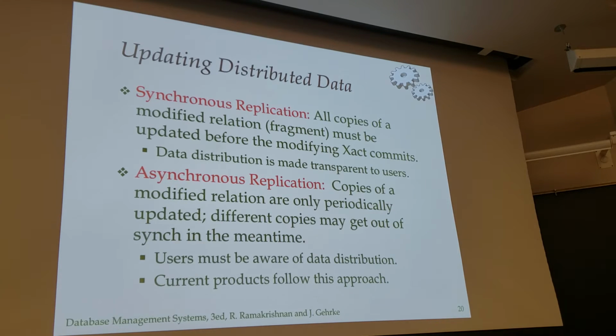So again, that's transparent. And if you have asynchronous, then you only update periodically. Things may get out of sync, in which case you have to know I'm dealing with a copy that was good as of an hour ago, but it may not be good now, and that has an effect on how applications are written or what sort of results you follow with your consistency.